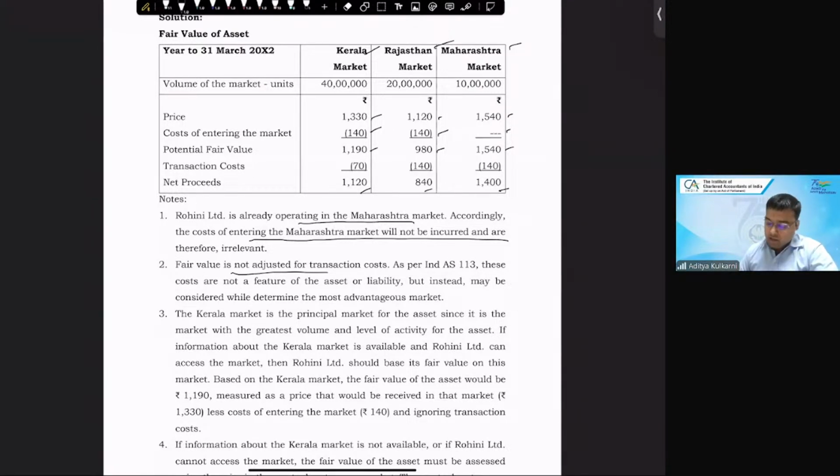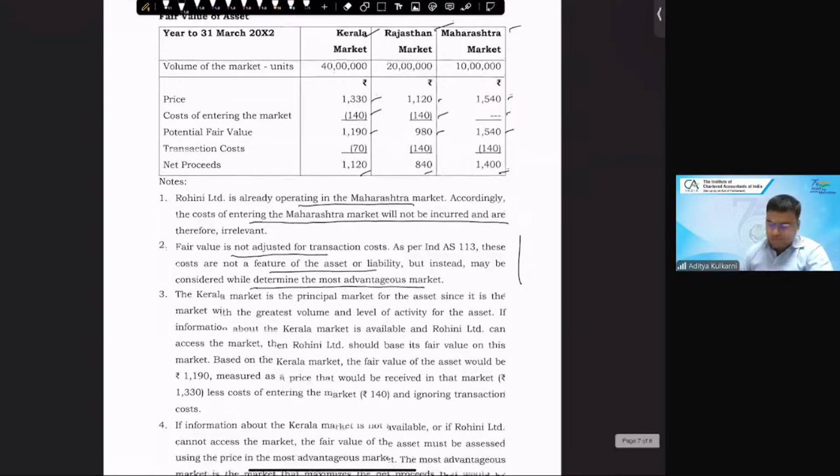We have seen that. So therefore, why? Because they are not a feature of asset or liability, but they would be considered while determining the most advantageous market. Is it okay? Yes. We have studied this yesterday. Yes or no? Yes, sir. Tired?